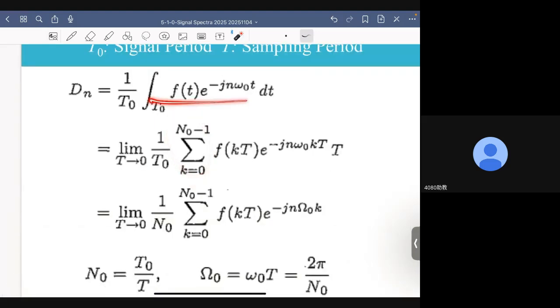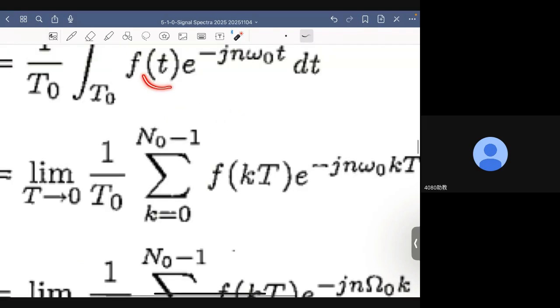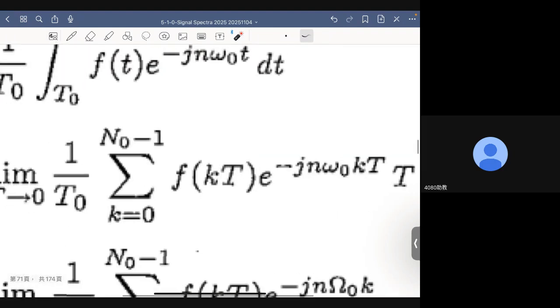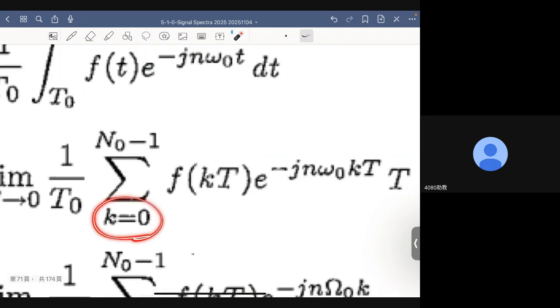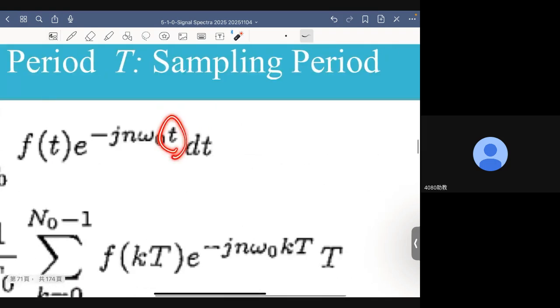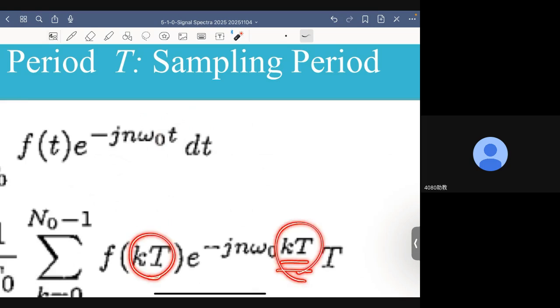So going from here, what we need to do is replace t by kT, all right? Note that k ranges from 0 to N0 minus 1. And similarly, this t has to be replaced by kT here.